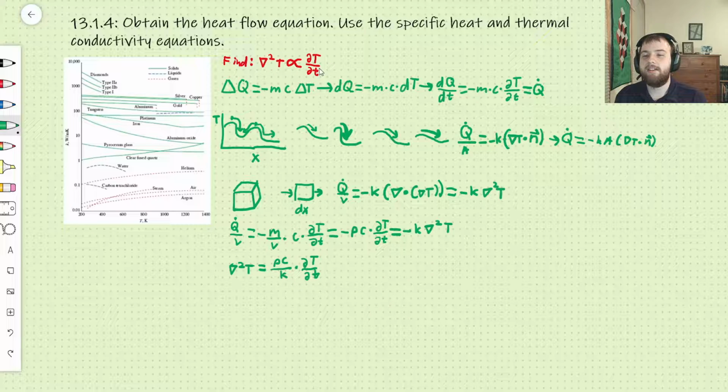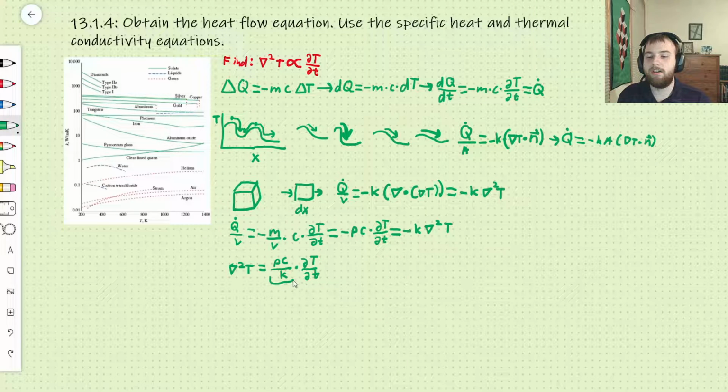And this is what we wanted to find originally. We wanted to find that the Laplacian of T was proportional to del T del t. But not only did we find that, we found out how it is proportional. So this is the value.